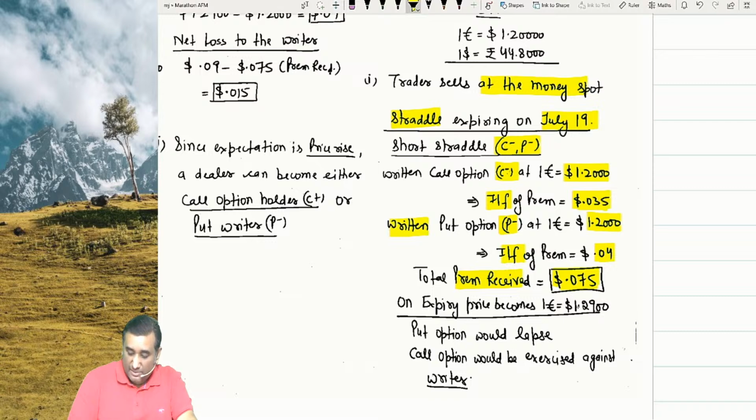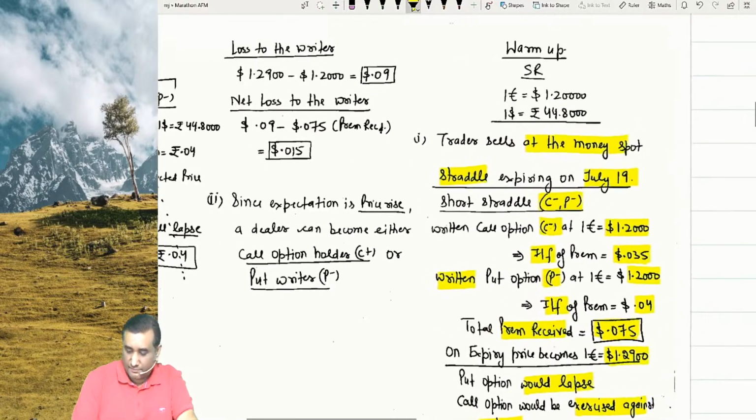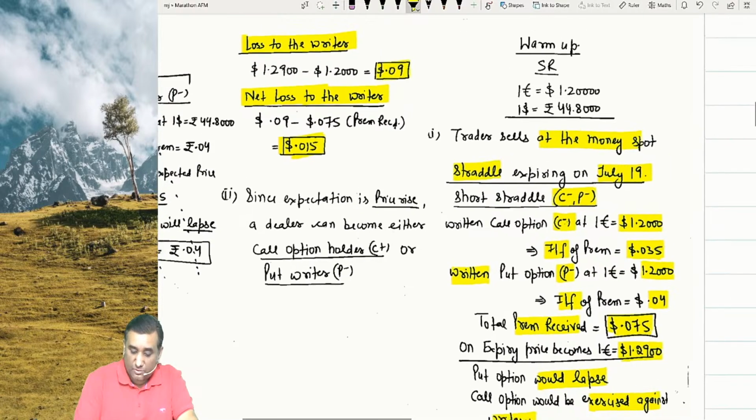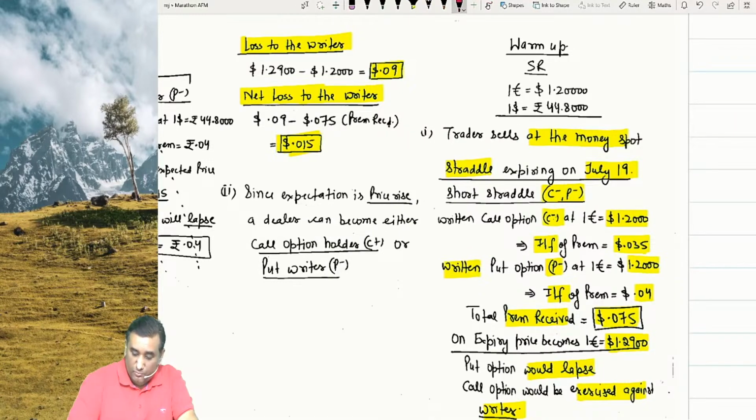On expiry, price becomes what? 1.29. Put option would lapse. Call option would be exercised against the writer. Loss to the writer 0.09. Net loss to the writer 0.015. That's the net loss to the writer, because the premium he received was 0.075 and gross loss is 0.09.